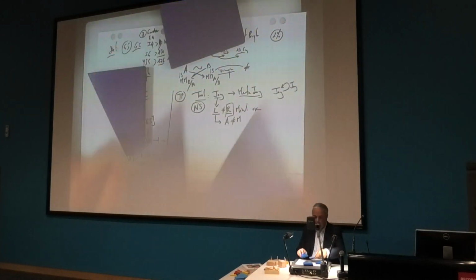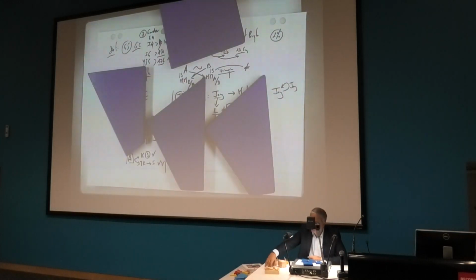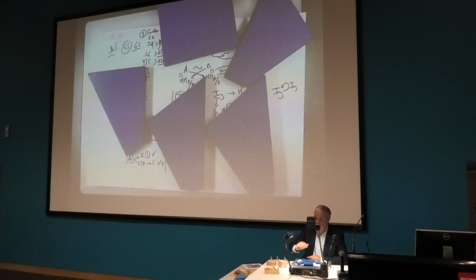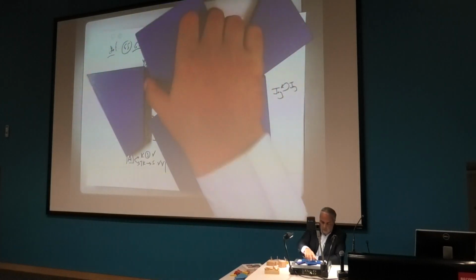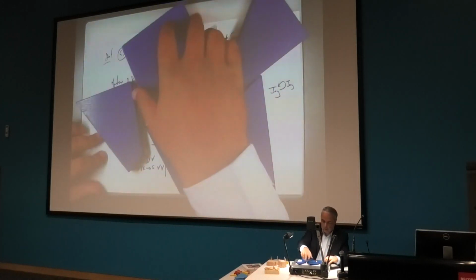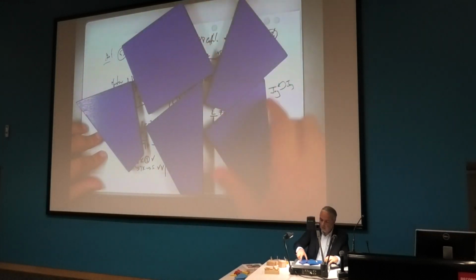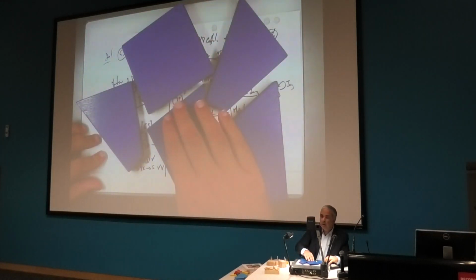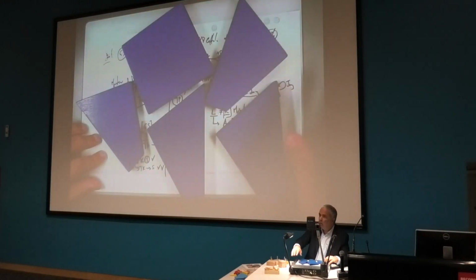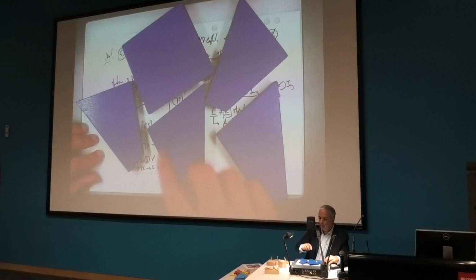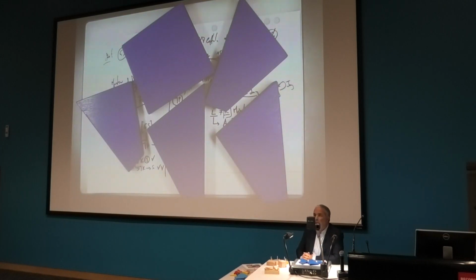We have 5 pieces. Or maybe you don't see everything. Sorry. If you do not understand what I mean, it's just because it's outside. So if you use these 5 pieces, you have to make a square.